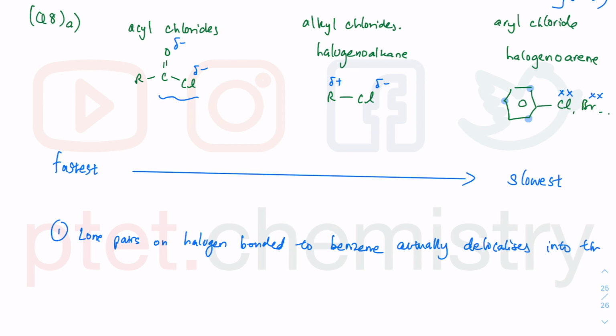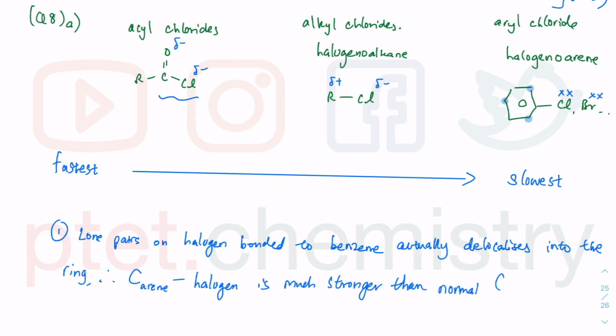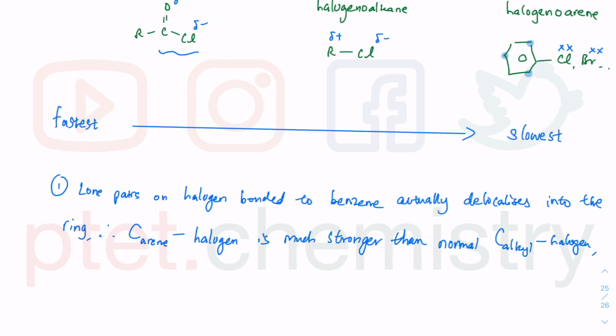Therefore, the carbon-halogen bond in the arene is much stronger than expected or perceived, than the normal carbon-alkyl halogen bond. Much more difficult to break.